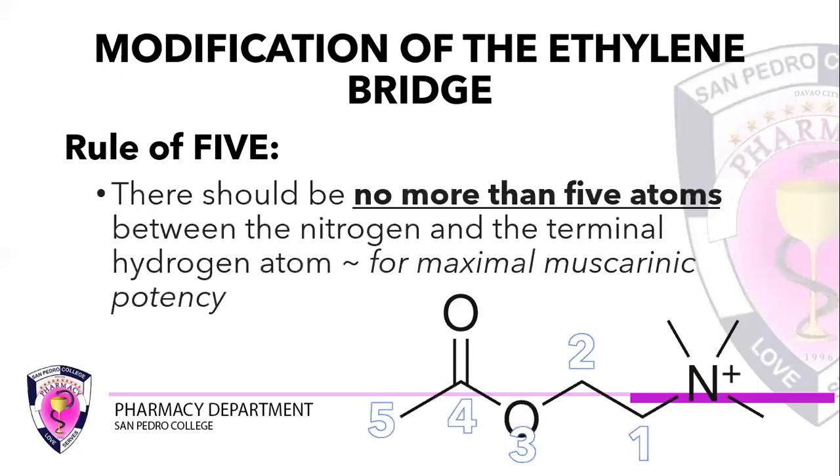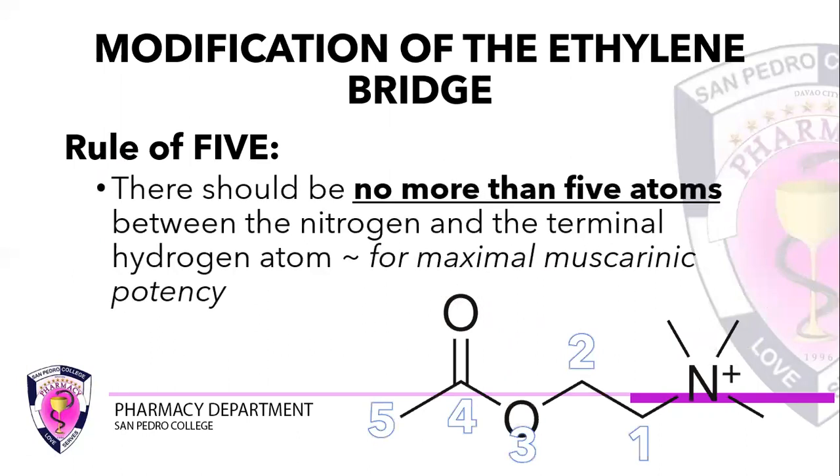Another, the rule when it comes to the ethylene bridge is that they follow the rule of 5. According to the rule of 5, there should be no more than 5 atoms between the nitrogen and the terminal hydrogen atom for maximal muscarinic potency. The numbering is as follows.